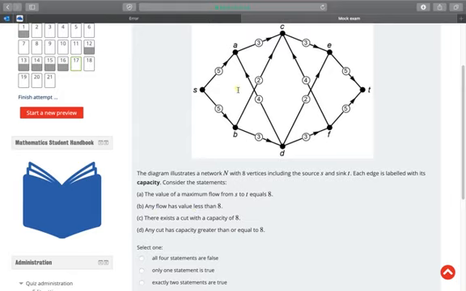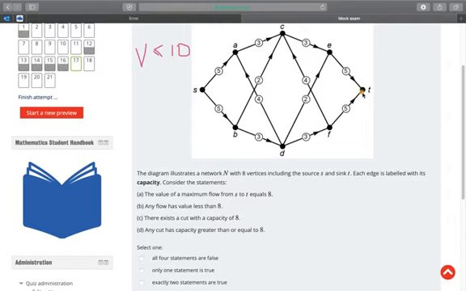So what is the value of a maximum flow here? If you look at this graph, it's clear that any maximum flow is going to have value less than or equal to 10, because that's the total capacity of the pipes from S, or the pipes coming into T. So the value is certainly less than or equal to 10.